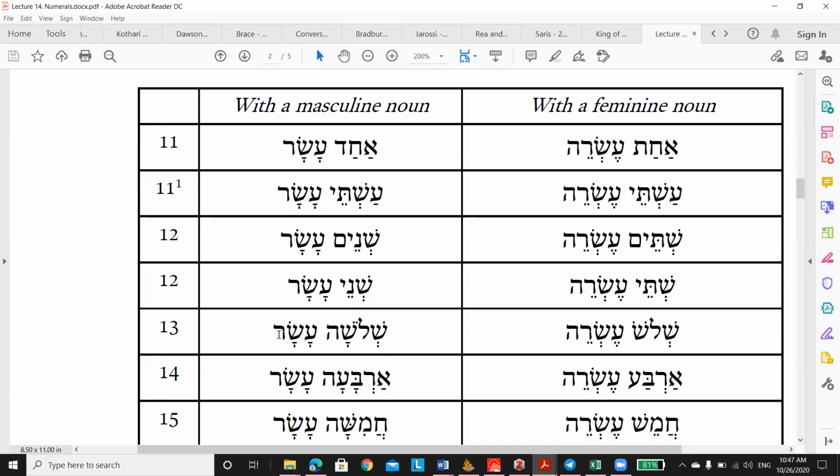Prof, excuse me. Yes. Is this the reason why you find in the King James, instead of saying 55, they will say 50 and 5, or they will say 200 and 6? So this is exactly the way how it is done in Hebrew. So sometimes, and we will see it later on, they put a vav, or 'and', between them.